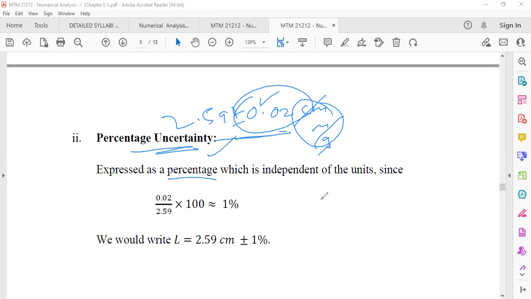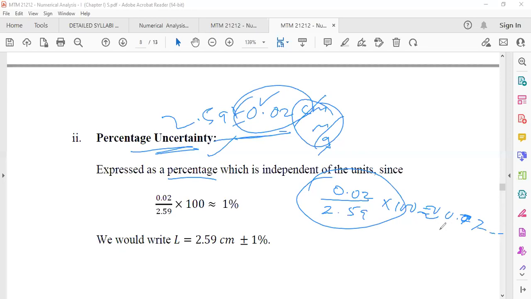If you calculate 0.02 in 2.59, the percentage is approximately 0.77, so approximately 1%.